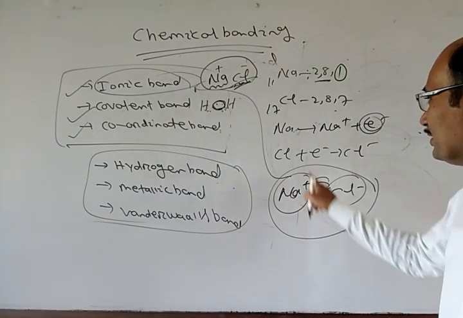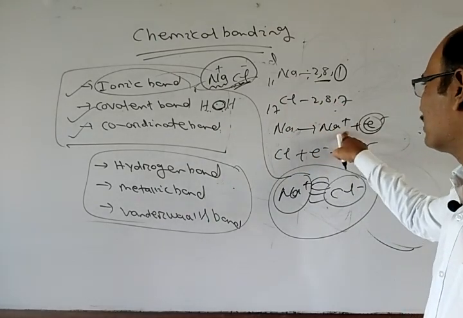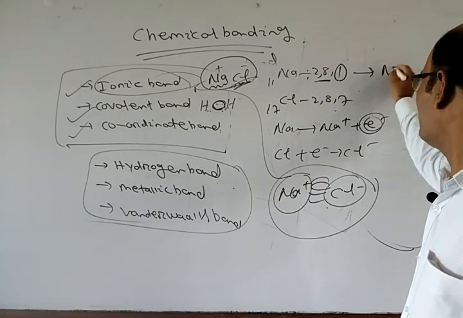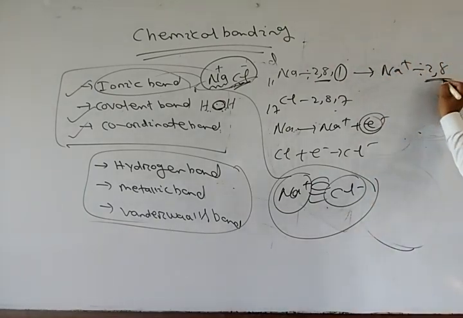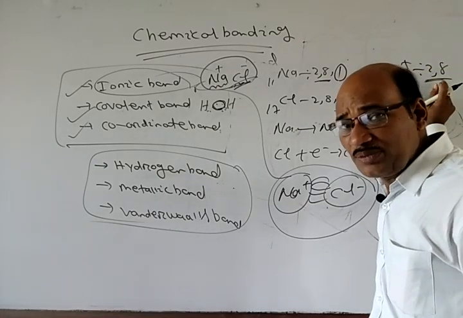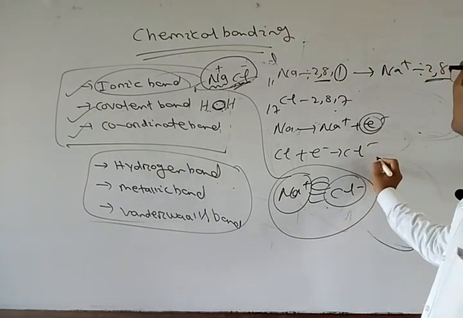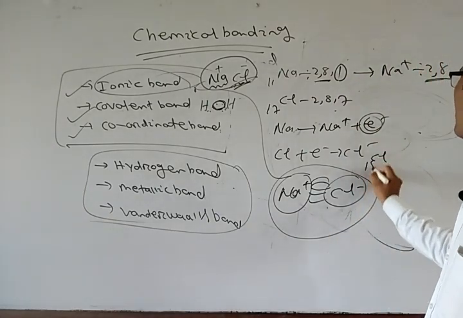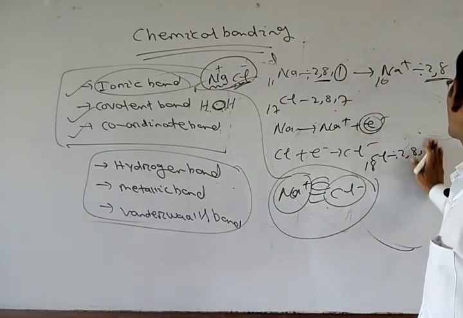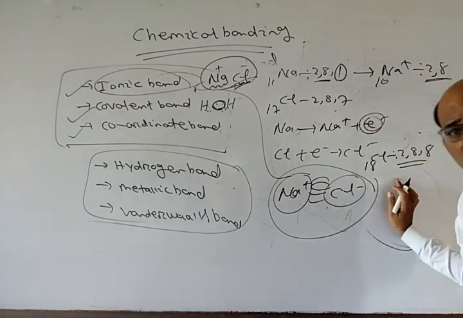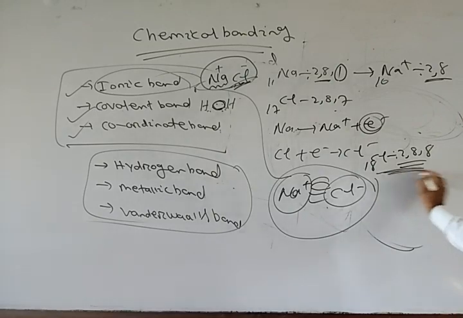By doing this, Na becomes Na plus by giving one electron, giving 2,8, which is the stable electronic configuration of the noble gas neon. Similarly, Cl becomes Cl minus, 2,8,8, the stable configuration of the nearest noble gas argon.